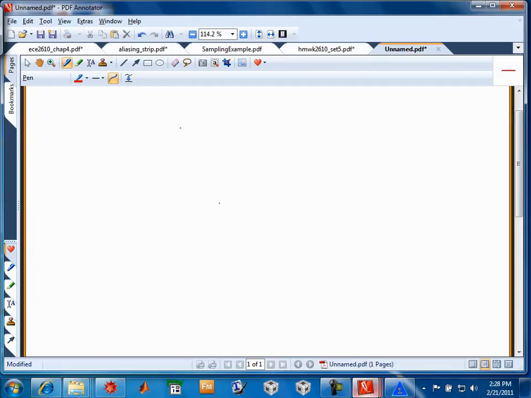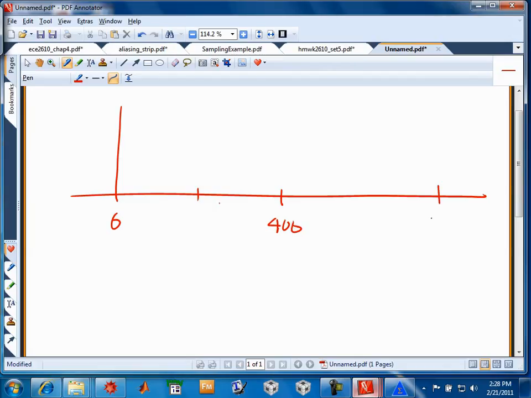The way we can see this best is on the frequency axes, and we're going to be developing this more as we go along. If we had 0, we're sampling at 400, let's just put some other frequencies up here.